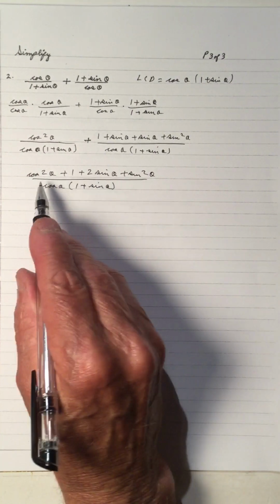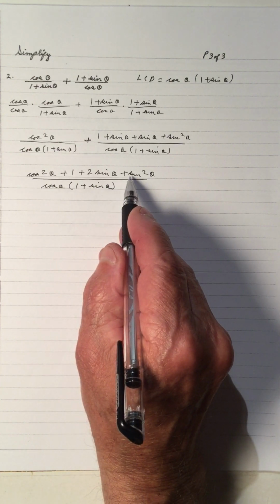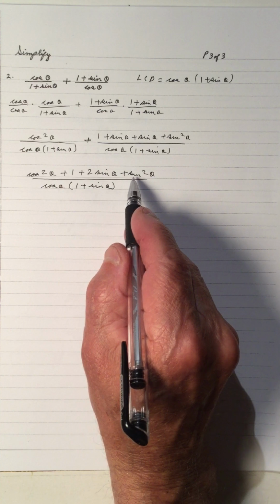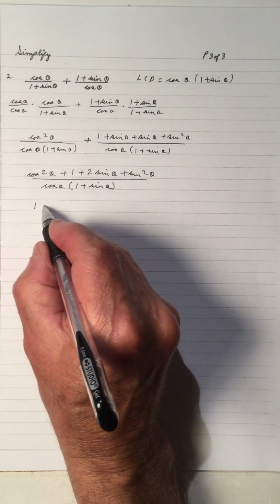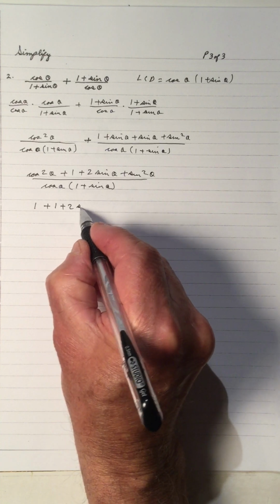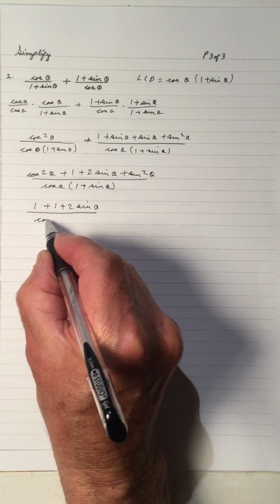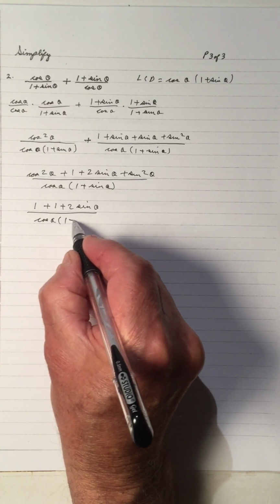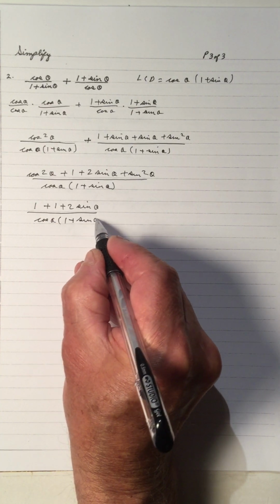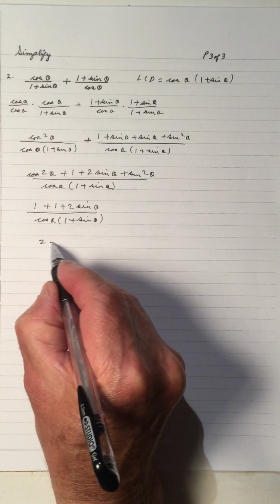And what do we do here? Oh, I see, cos squared plus sine squared. So cos squared plus sine squared is 1. So there's the 1, all over the denominator. And 1 plus 1 is 2.